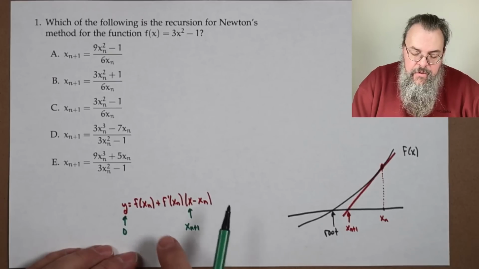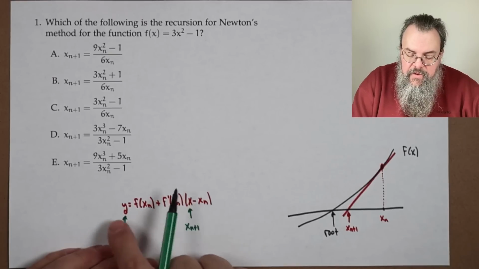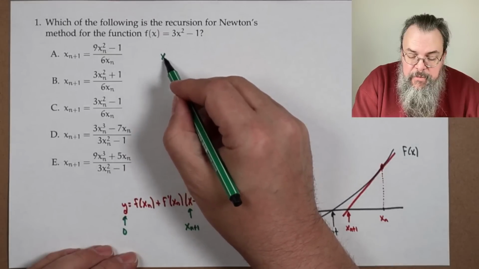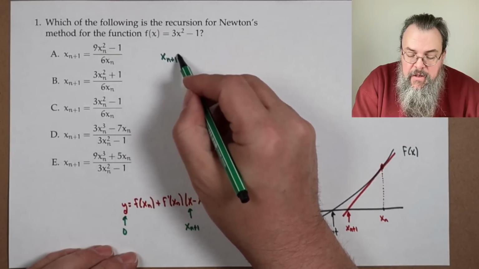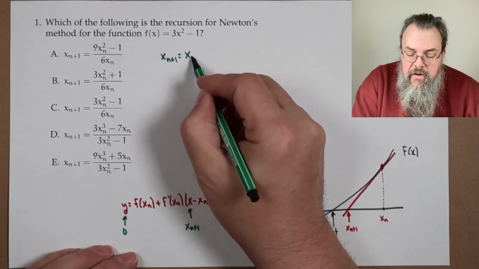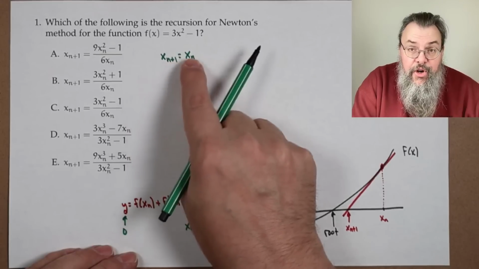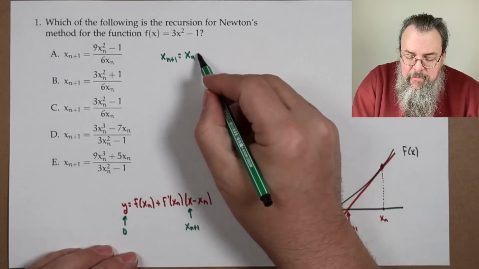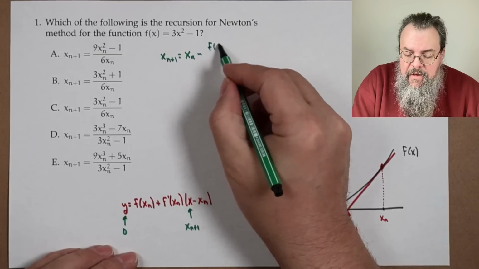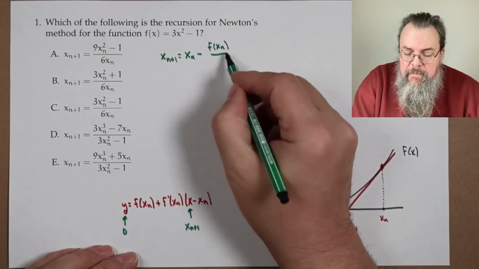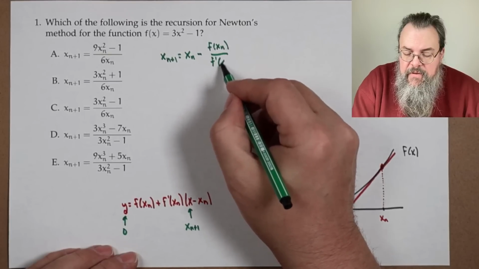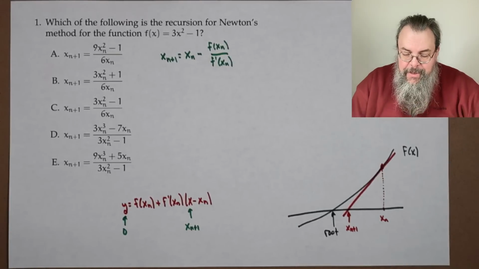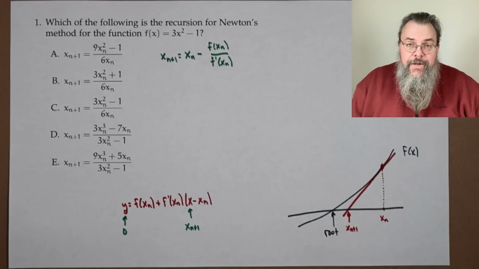So you subtract, divide, add, and what you get is the recursion formula. Your next guess is your current guess with a correction, and it looks like xn plus 1 equals xn minus f of xn divided by f prime of xn. All right, there we go.